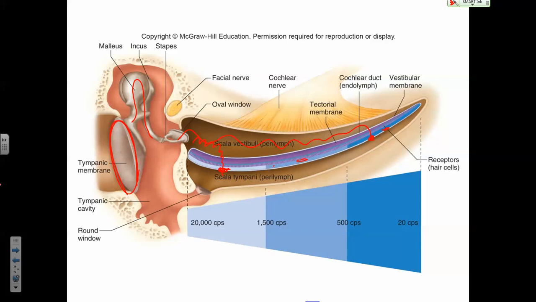It may cause so much damage it affects the neurons they're connected to. Sometimes it's a problem with the bones being too rigid. It may be a problem with the movement of the tympanic membrane. It could be a problem with the nerve, the cochlear part of the vestibulocochlear nerve. So there's a lot of things that can be involved in hearing loss, and a whole lot of people suffer from it.